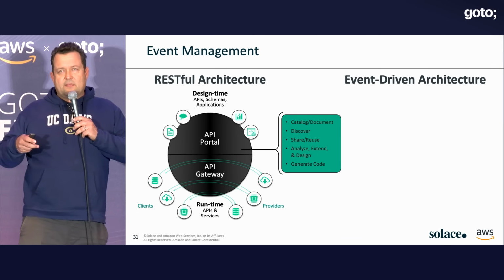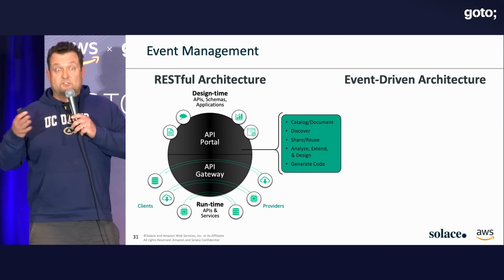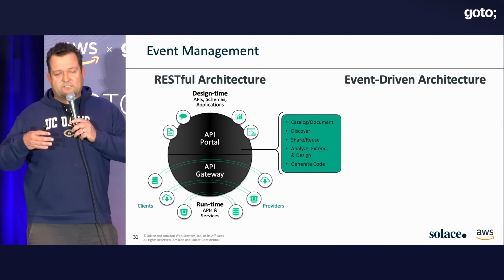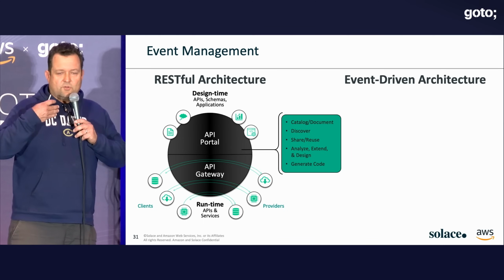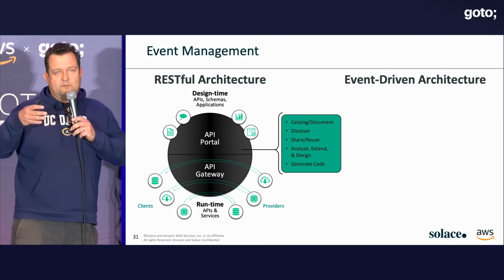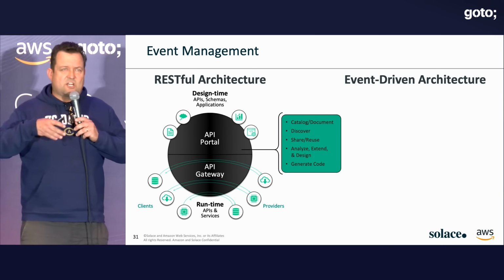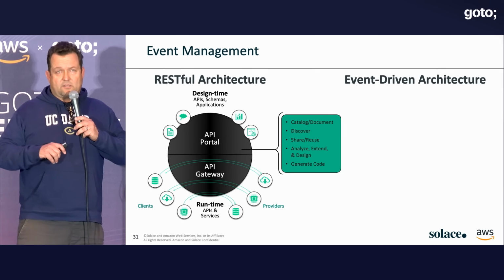And over time, they decided they want to expose these services not just to internal lines of business, but externally as well. And that requires some level of an enhanced gateway, but also a portal that's going to allow people to come in to catalog and document what APIs are available. Can I discover what assets I can use? I can share and reuse things, right? I can analyze, extend, and design my capabilities, even generate code.